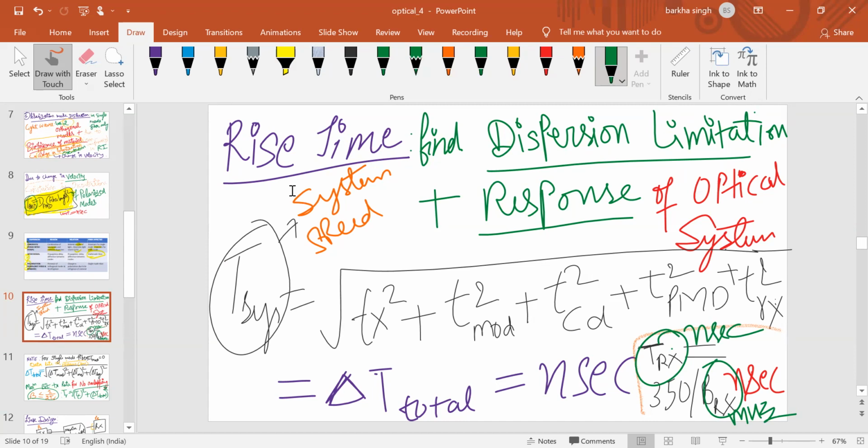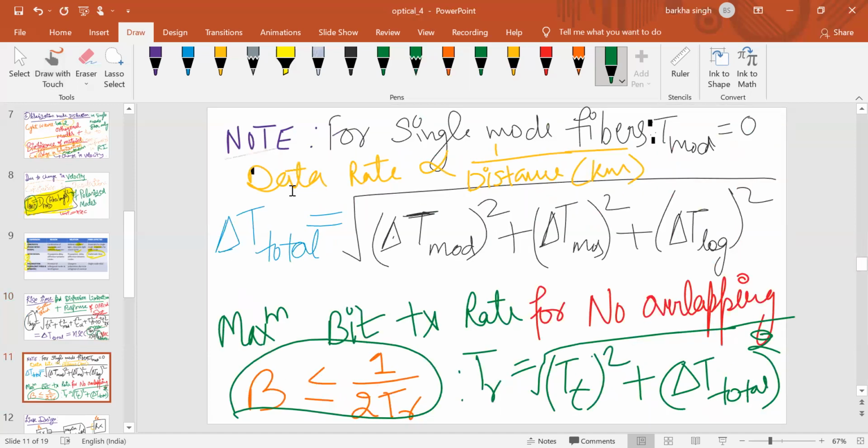Broadening in a fiber is the sum of all effects occurring inside the fiber. Hence, delta T is also equal to the square root of T modal dispersion squared plus T material squared plus T chromatic squared. Maximum bit transmission rate for no overlapping is given by B less than 1 upon 2 T_R, where T_R is equal to the square root of T_T squared, that is transmitted pulse squared, plus delta T total squared. Also, data rate is inversely proportional to distance in kilometers.